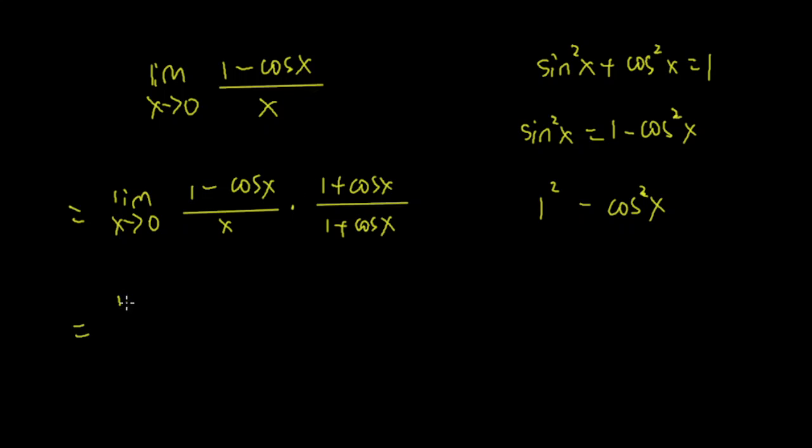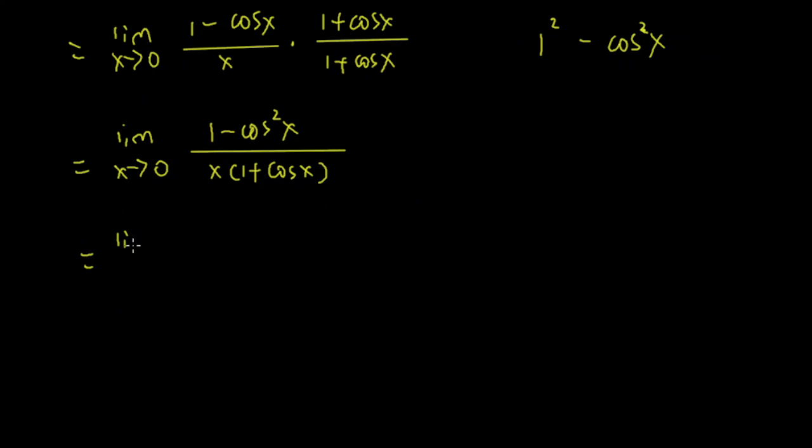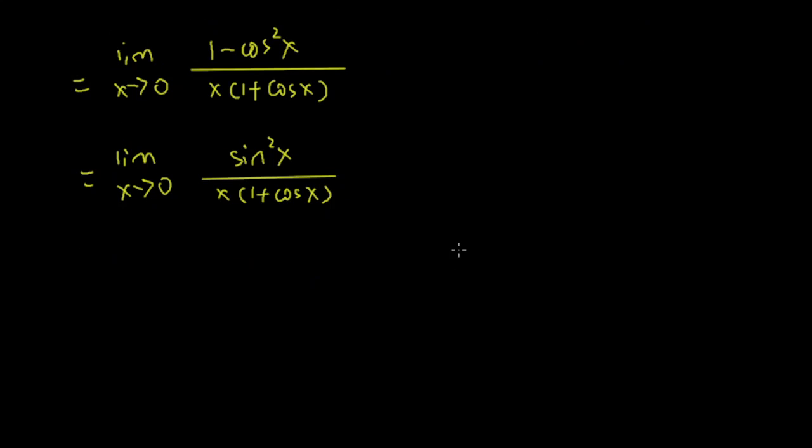So I have not changed the limit. But the numerator will become this, right? This 1 minus cosine square x, over the denominator, which will be x times 1 plus cosine of x. Now, 1 minus cosine square x is sine square x. So we can write that as limit as x approaches 0, sine square x over x times 1 plus cosine of x. Okay, now I can break up the sine square x into sine x times sine x.